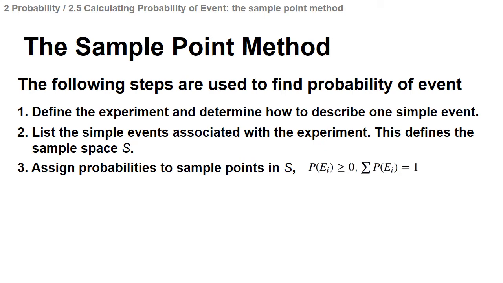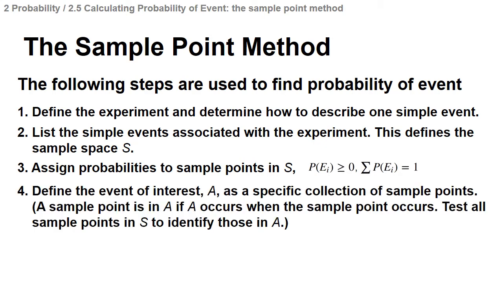We assign probabilities this way. Fourth, we define the event of interest A as a specific collection of sample points. So this is the set that we are interested in for the probability problem. We will see the example in the next slide.